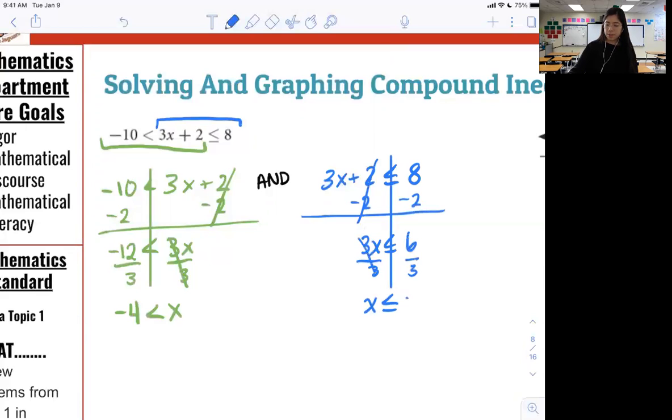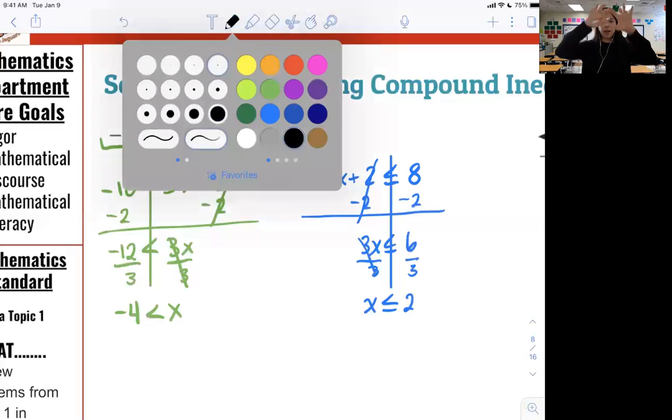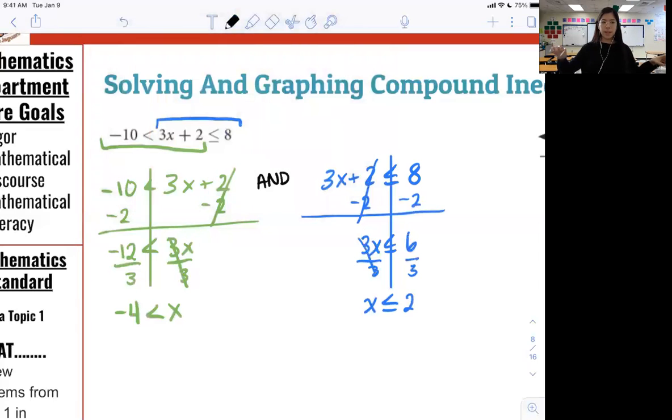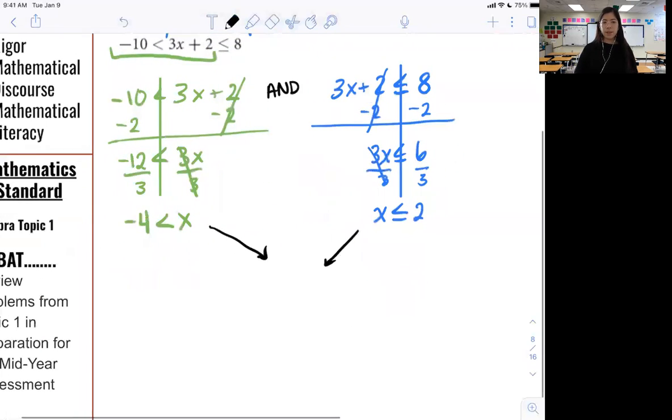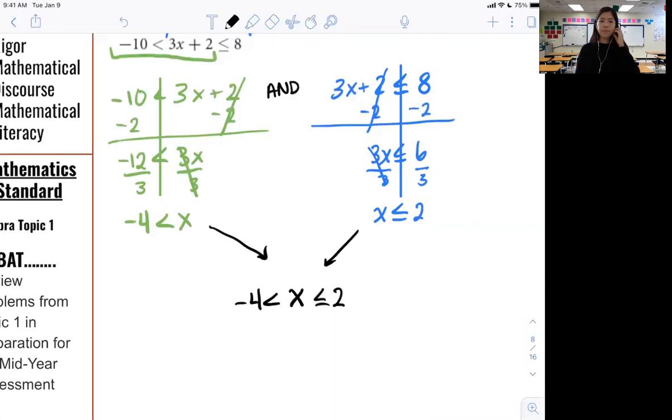X is less than or equal to 2. All right, I've got these 2 inequalities. I'm going to bring them back together because I tore it apart in the beginning. Now I have to put those 2 pieces back together. X is in the middle, with the positive 2 on the right side and the -4 on the left side. I pieced it back together.